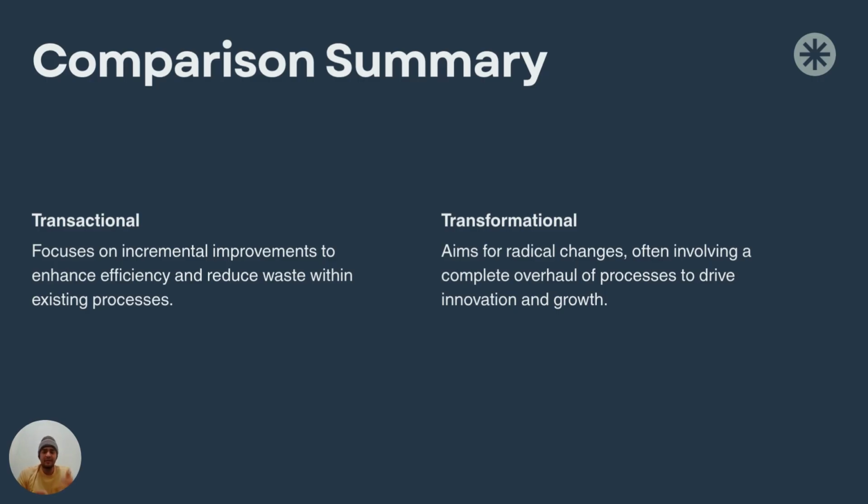The first aspect is for transactional: it will be incremental and effective, and examples will be Lean, Six Sigma, and 7FE. For transformative, it will be radical and innovative, with BPR, NESTT, and design-led innovation.